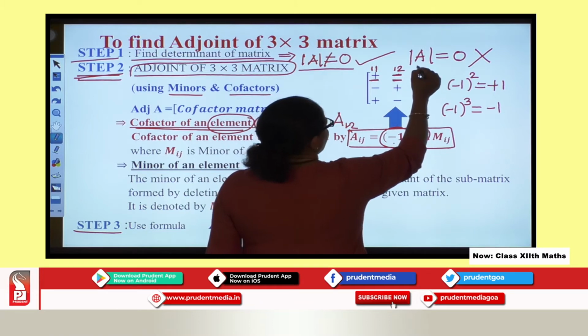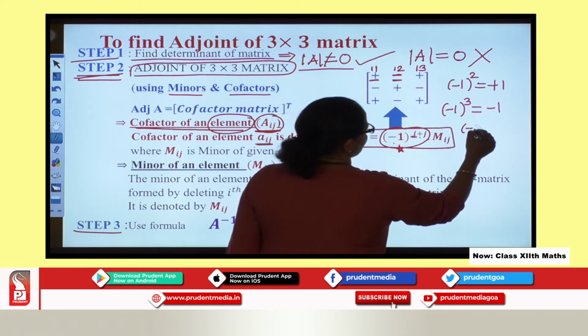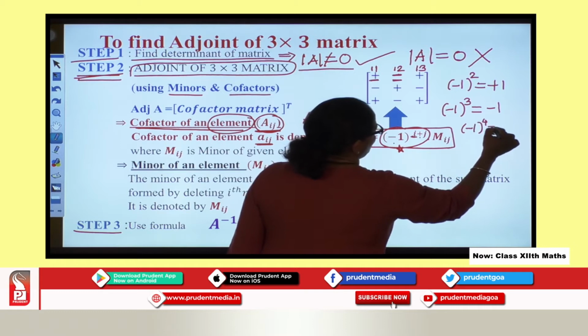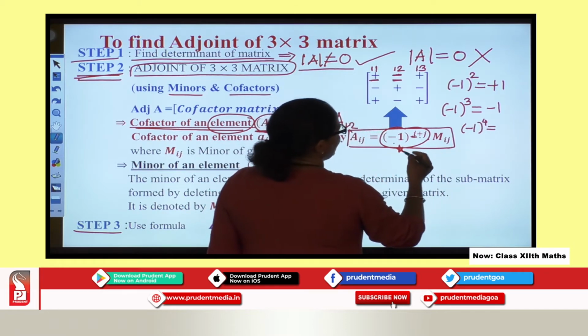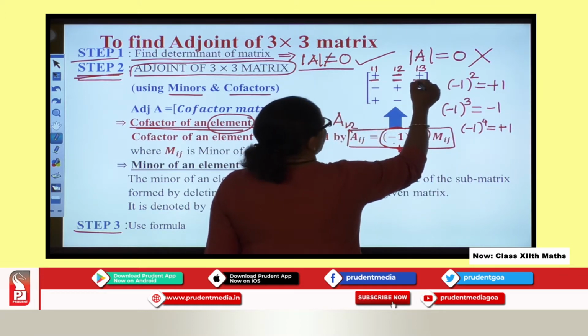Same way, this is 1, 3, right? So minus 1 raised to 1 plus 3, that's 4. So what you get over here is plus 1, and that's how you get a plus sign.